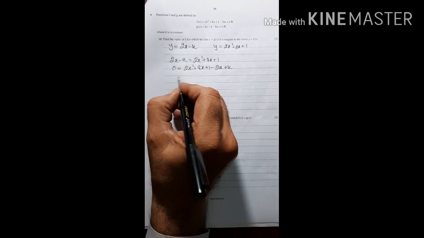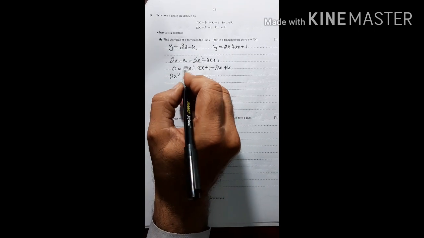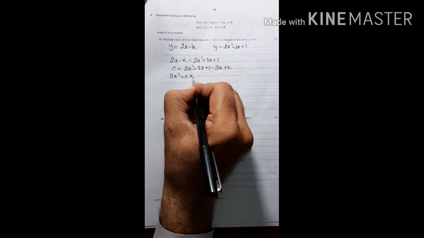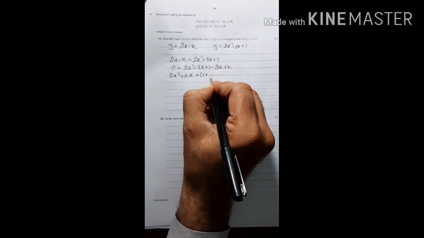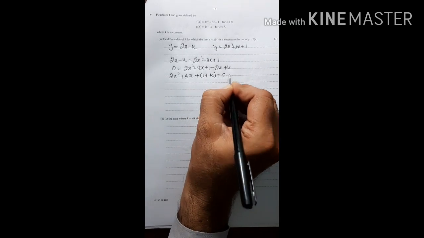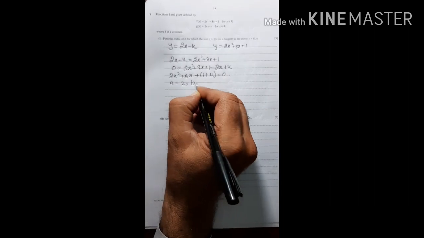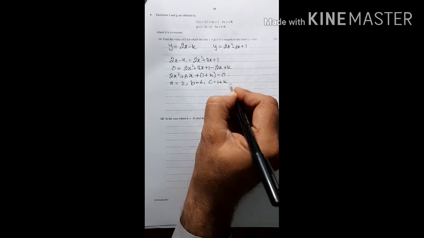So the final term will be 2x square plus 8x minus 2x, 6x plus 1 plus k is equal to 0. So a is 2, b is 6, c is 1 plus k.